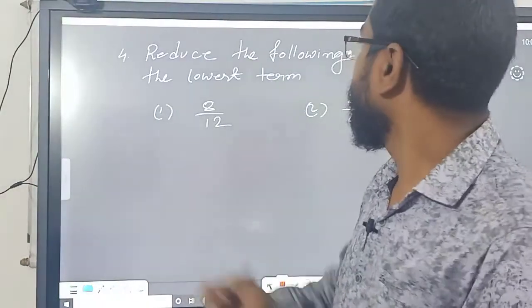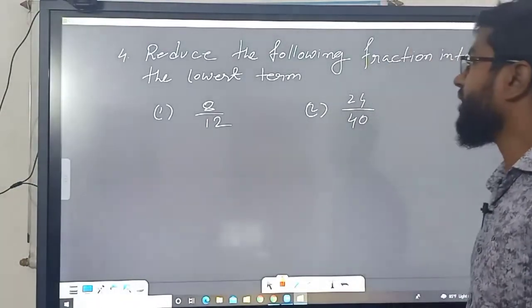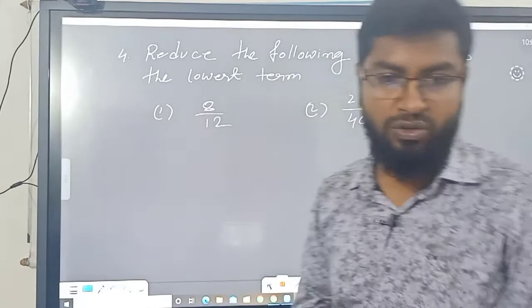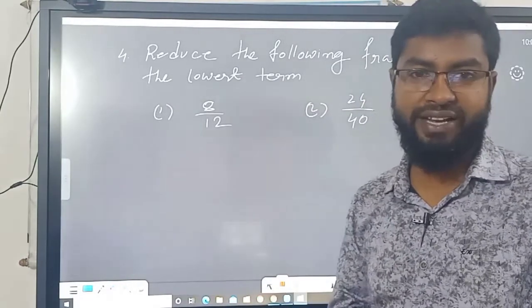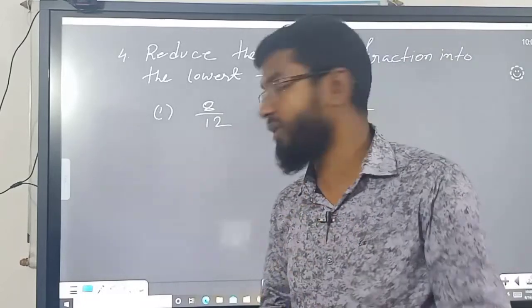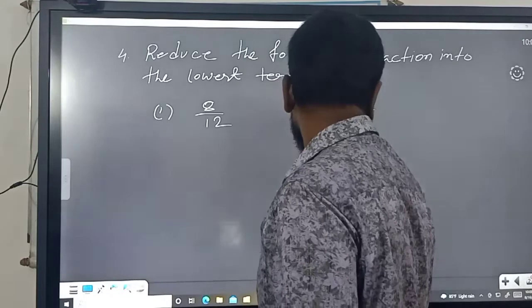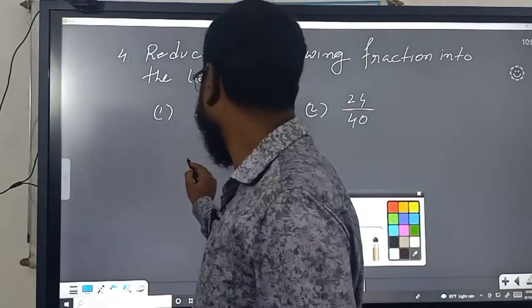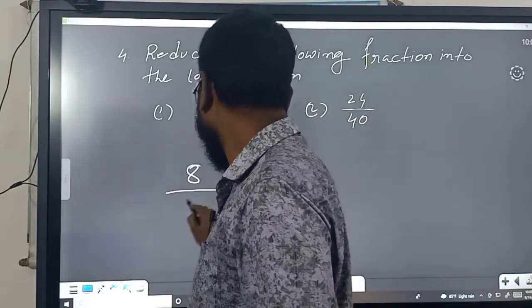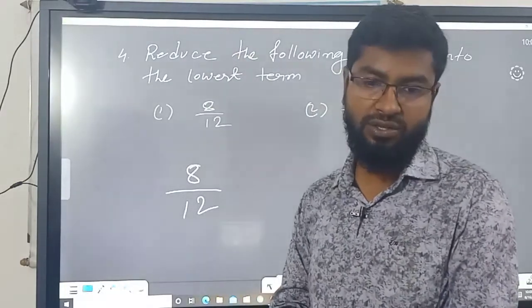Reduce the following fraction into the lowest term. Can you solve it? Look, it's 8 by 12. One very easy trick we can do.